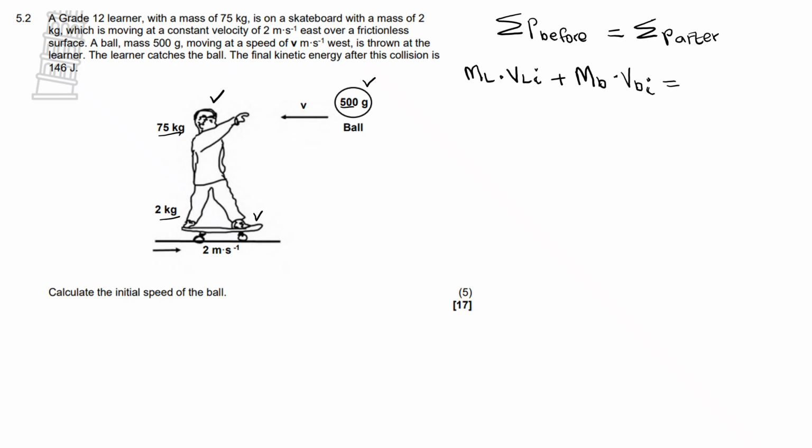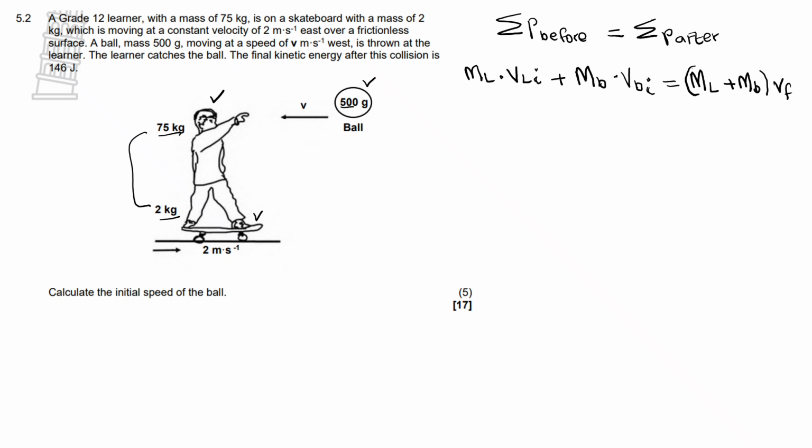So let's call this the mass of the learner, but remember, the mass of the learner goes with the skateboard. We need to add that with the mass of the ball. Then all of this will move with one velocity. Let's call this V final.